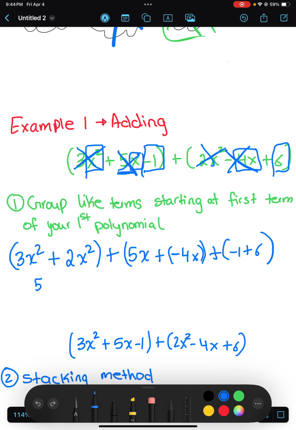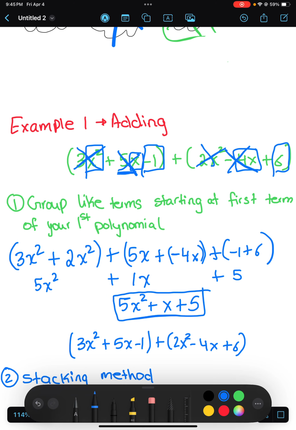That gives us 5x squared. The next one is going to be 5x minus 4x, that's 1x. And then negative 1 plus 6, that's 5. Okay, I'm going to write this nicely. So my answer is 5x squared plus 1x, or just x, because that 1 does not really make a difference.